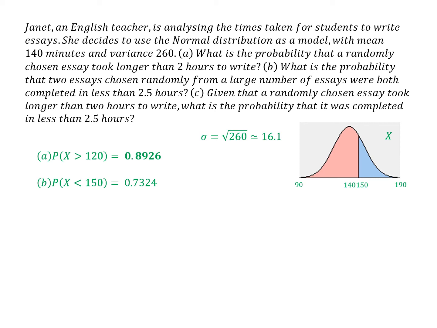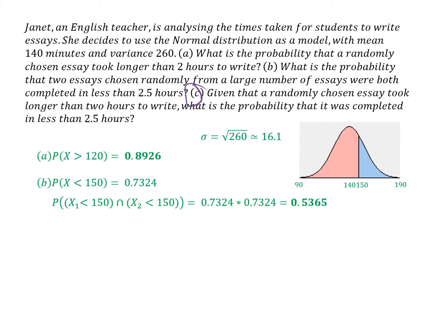And that's the probability that any single essay is less than 2.5 hours to complete. But we want 2 essays from a large number of essays. So if we call those 2 essays X1 and X2, then what we're looking to find is the probability that both X1 is less than 150 and X2 is less than 150. Now these are independent events, so we can simply multiply the 2 probabilities together and get the answer to the question.